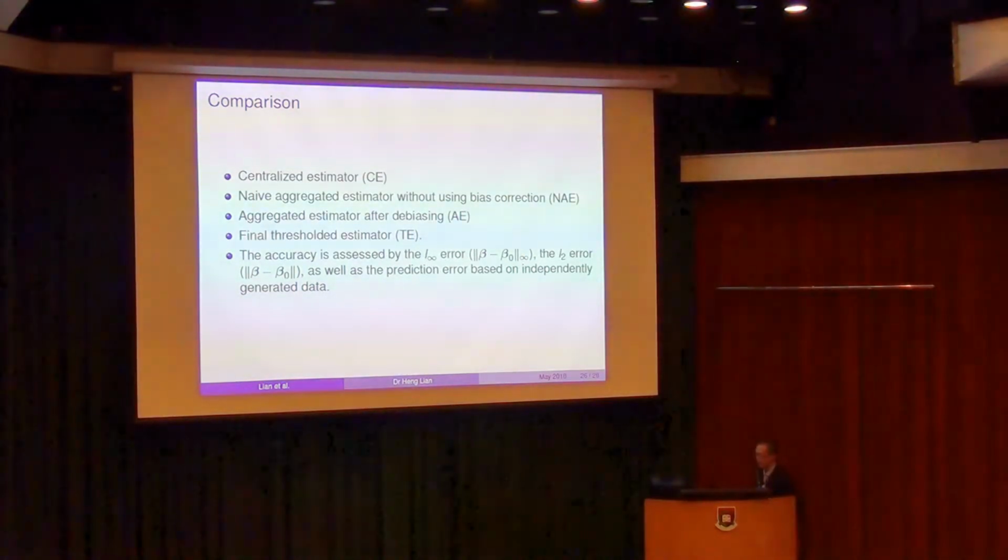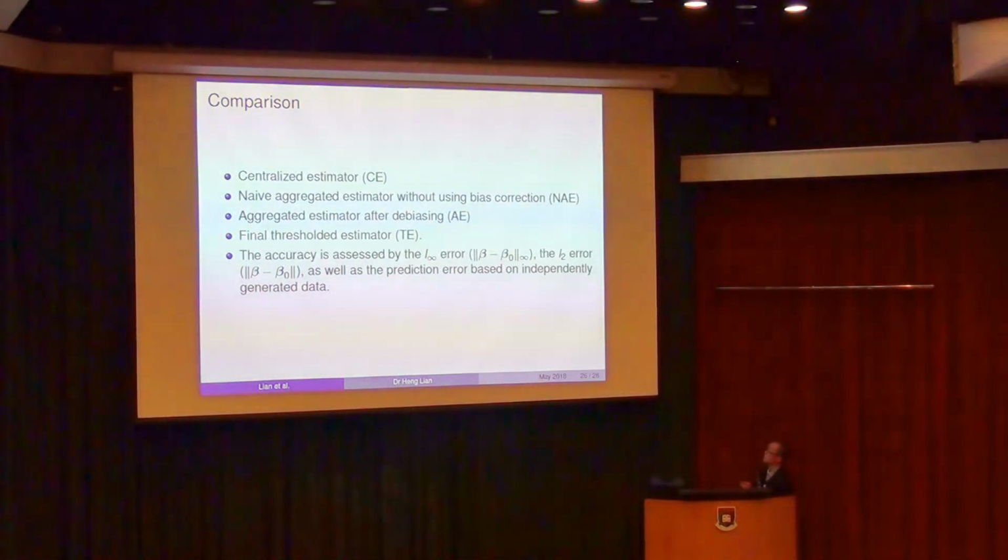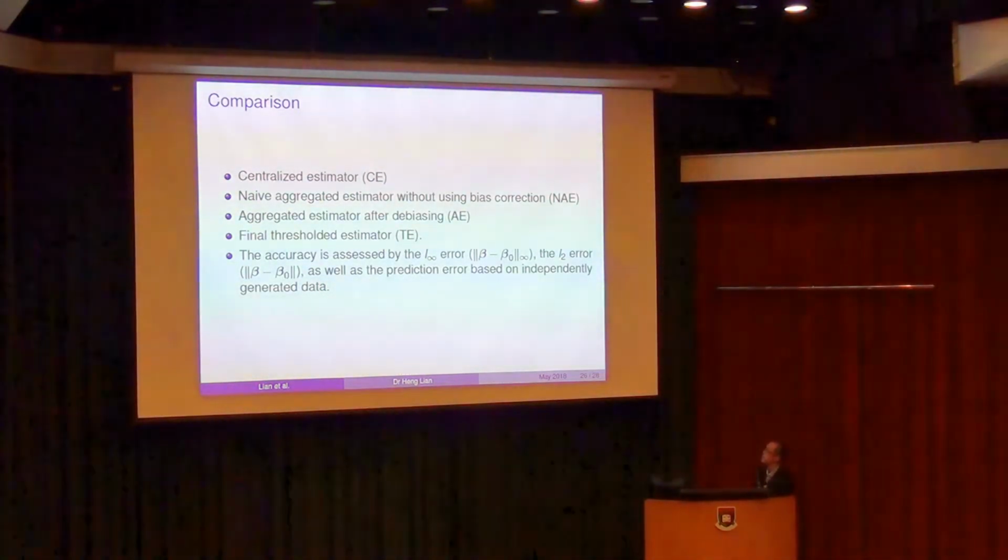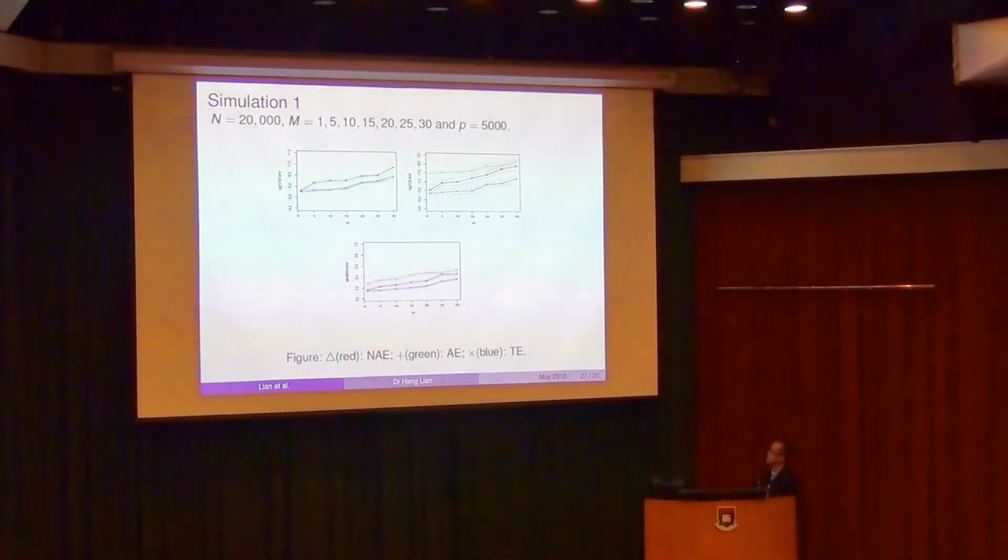We have the aggregated estimator without using bias correction. So each machine estimates beta, then take average. The third one is our procedure. You do debiasing, then you take average, but you don't do the last step of thresholding. Then the fourth one does thresholding. So we compare these estimators.